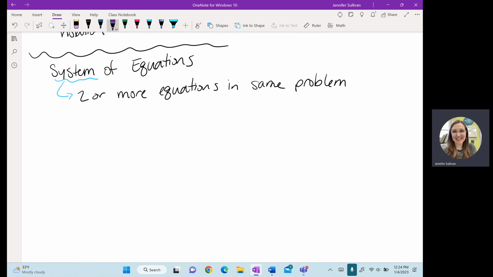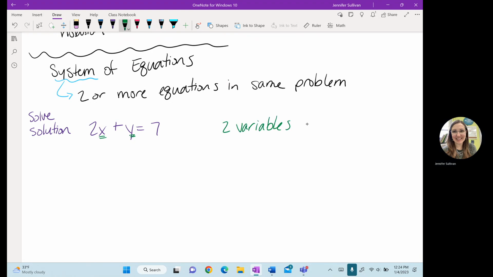Now, interestingly enough, if I give you an equation that has two variables in it, like 2x plus y equals 7, and I'm going to talk about asking for a solution, I want you to solve. Then in order for you to do this, because you have an x and a y, you have two variables. When that happens, you need two equations in your system.